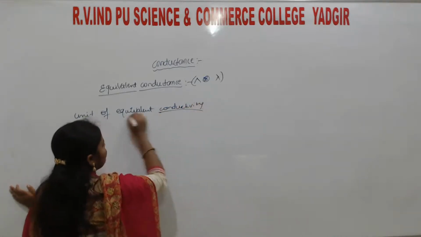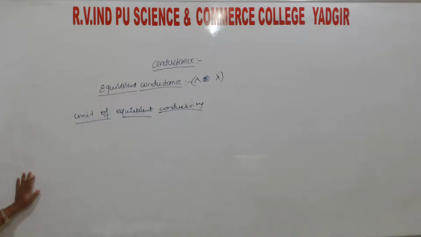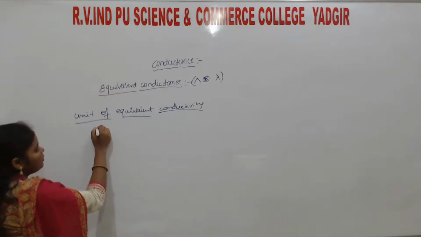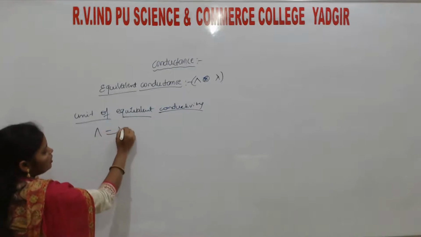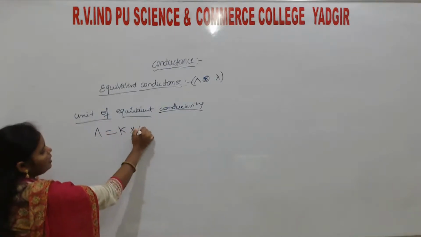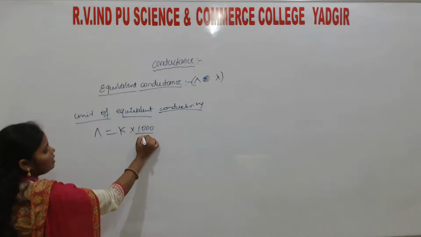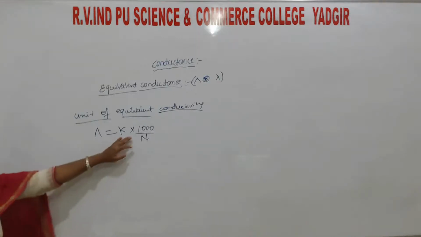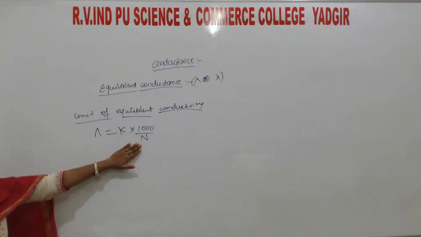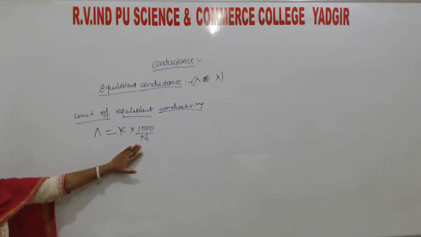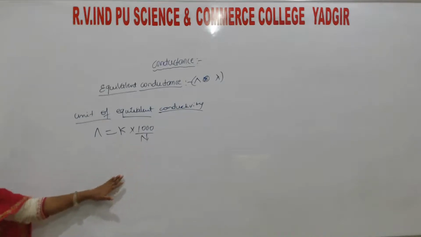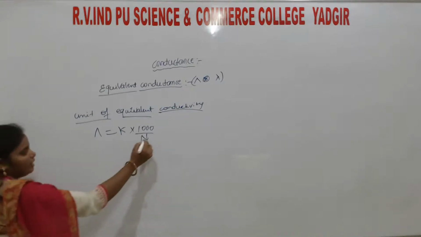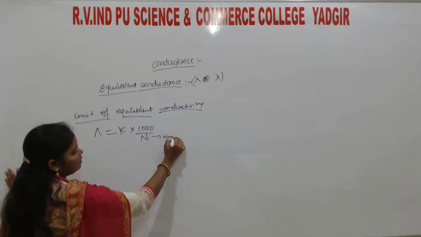Equivalent conductivity. Here you know the formula: lambda is equal to kappa multiplied by 1000 divided by n, and n is the normality.